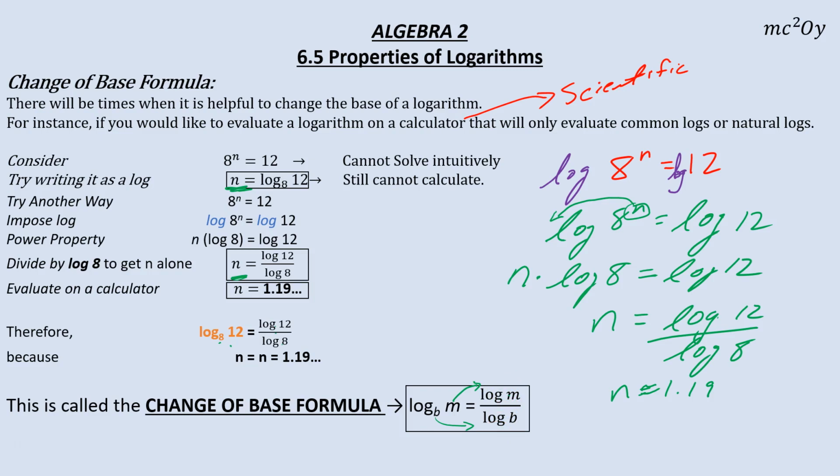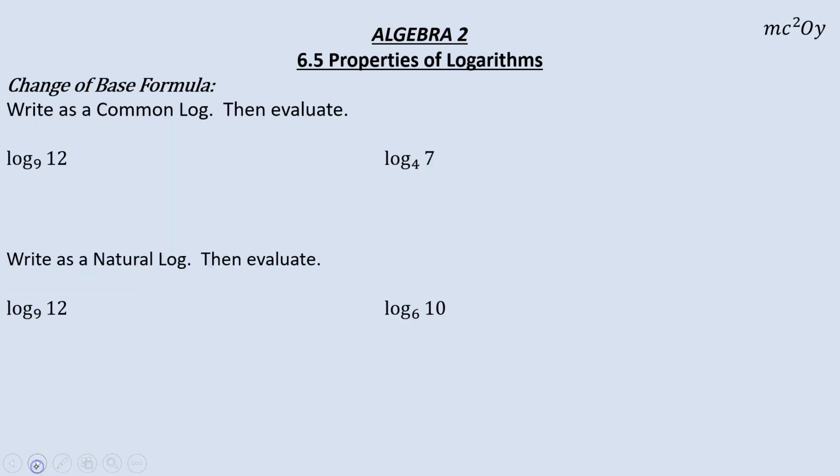You can actually change it to any base you want. You could put c here because it could be any base. Usually we go to base 10 or base e, the natural log, but it could be any base. Let's write this as a common log and then evaluate it. Remember, the common log means base 10.